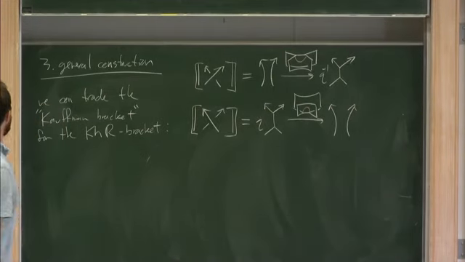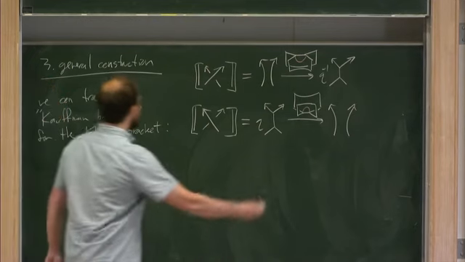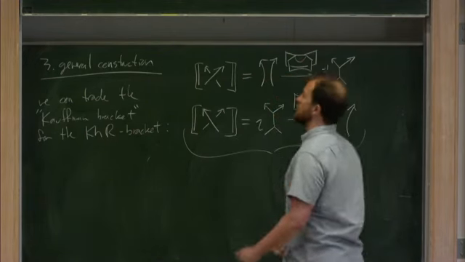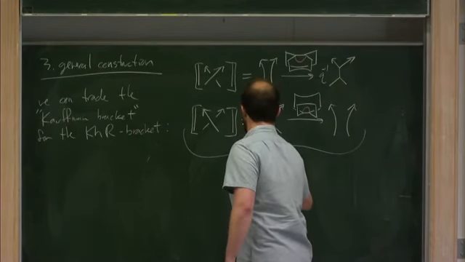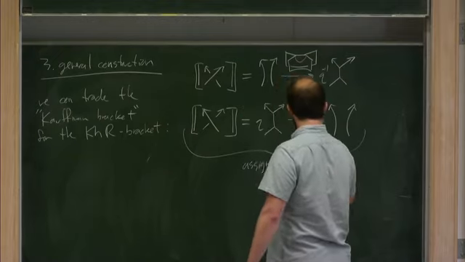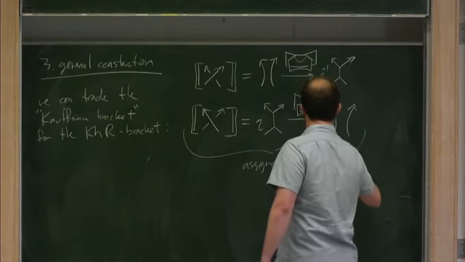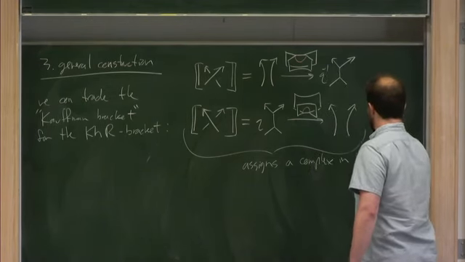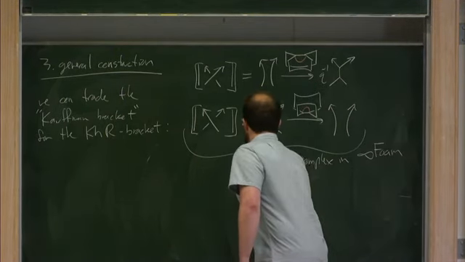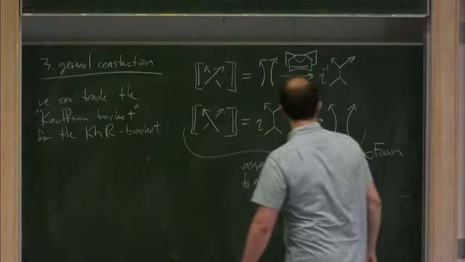Okay, so I can apply the Rozansky bracket. So what does this do? Well, if I hadn't closed up my braid, this would assign a complex in what I'll call infinity foam to any braid.